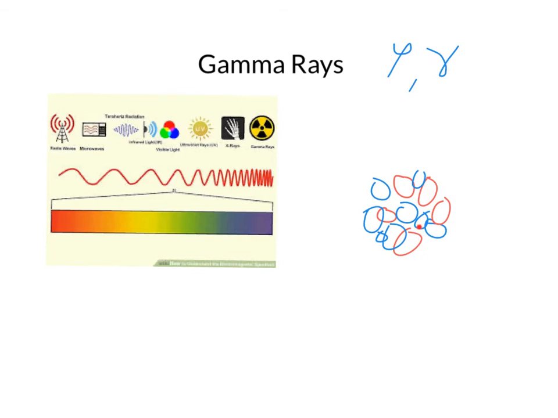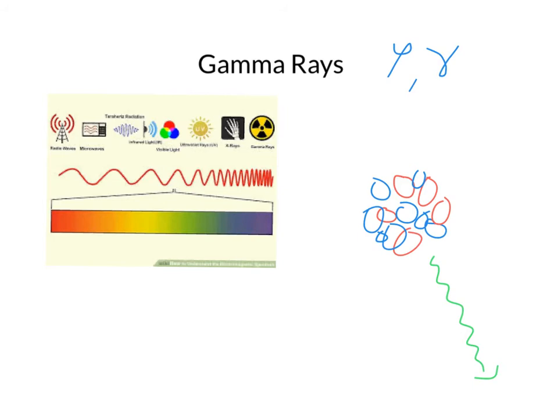Sometimes that can change slightly, and if it changes slightly to an arrangement that requires less energy to keep it together, then the excess energy will just be emitted out from the nucleus. So we'll show that in green now. The extra energy just leaves the nucleus, again just due to a slight rearrangement that requires less energy to hold them together.